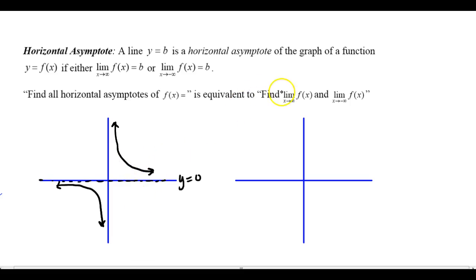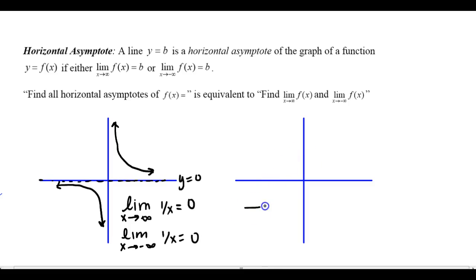If we wanted to find the horizontal asymptotes, we'd have to find both limits, as x approaches positive infinity of 1 over x and as x approaches negative infinity of 1 over x. What we'd get in this problem is 0 both times, because there is in fact only one horizontal asymptote. But there are other functions that have more than one horizontal asymptote.